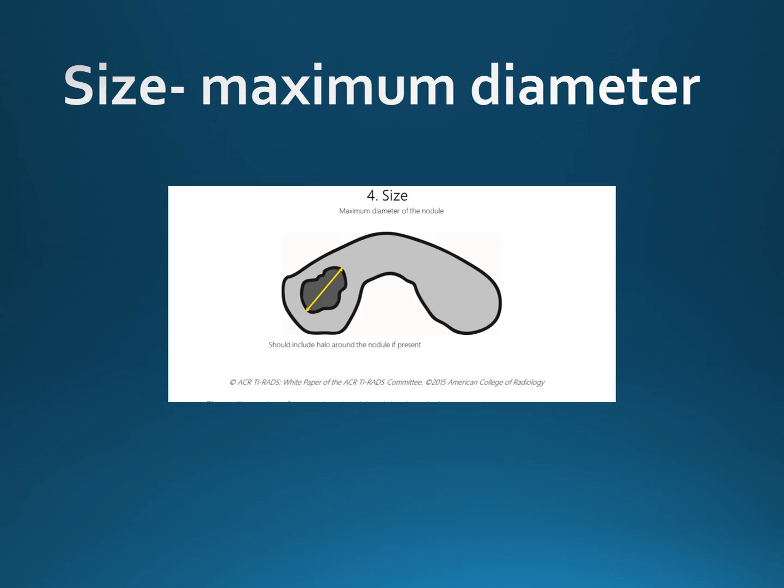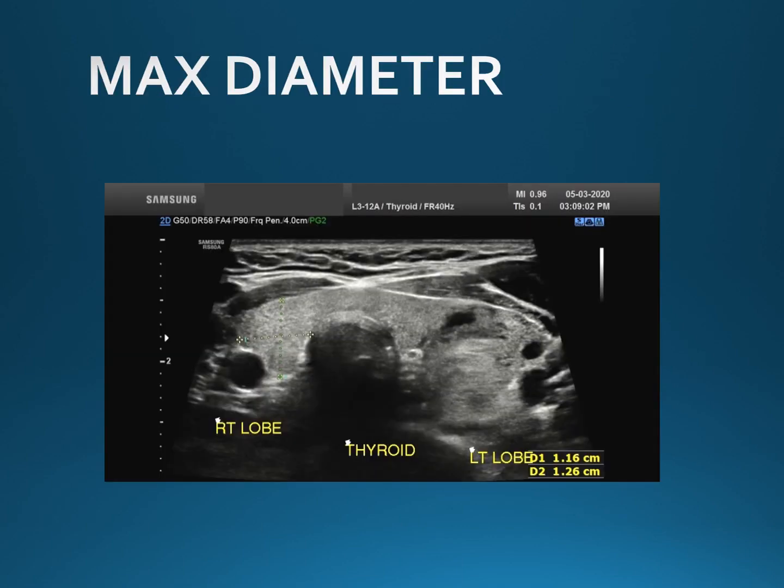Next feature is size, that is the maximum diameter of the lesion, and irrespective of the plane we should measure the maximum diameter to decide follow-up or FNAC. Here the maximum diameter of the nodule is 1.2 centimeters.